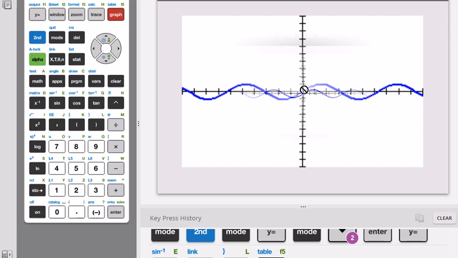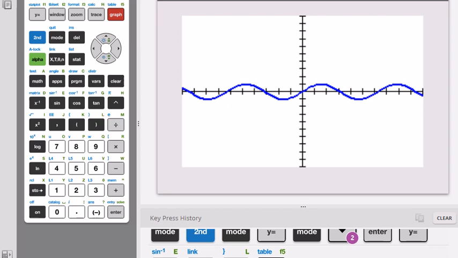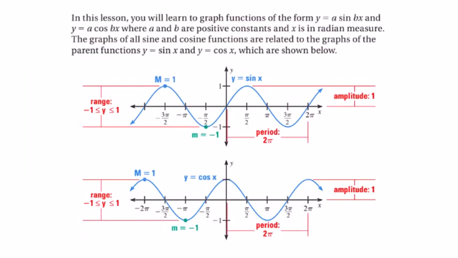Right in the center is your origin, and notice it doesn't have as smooth of a curve as ours, but if you think about it, that pi over 2 value is about 3 divided by 2, so it should be around 1.5, and that's where the first peak is. So keep in mind it's going to look a little different on a calculator than it does on here. So you need to know the points to graph initially.